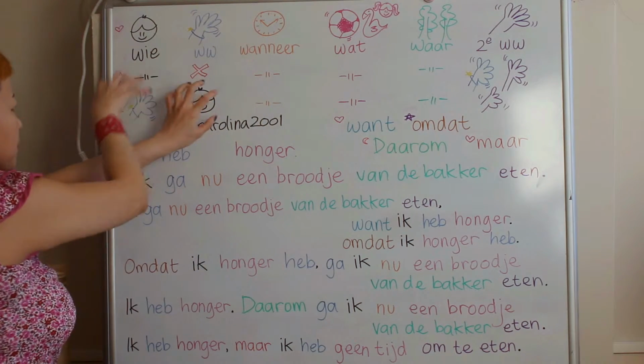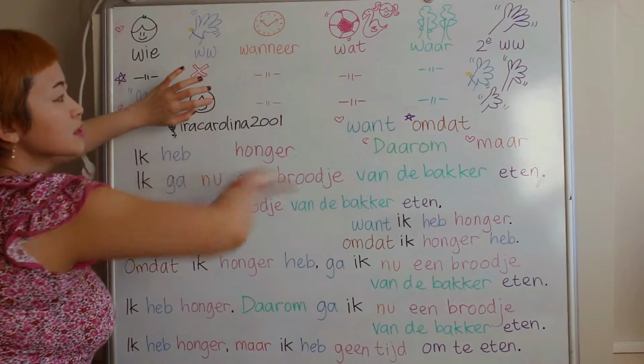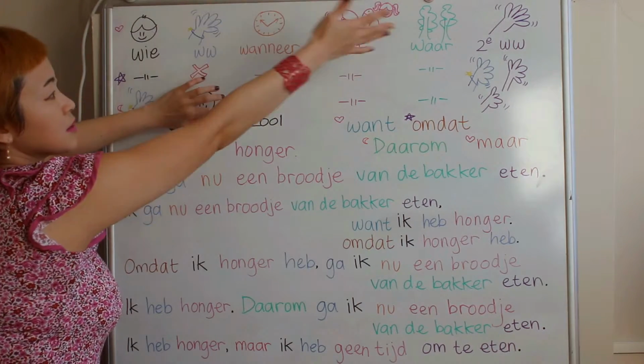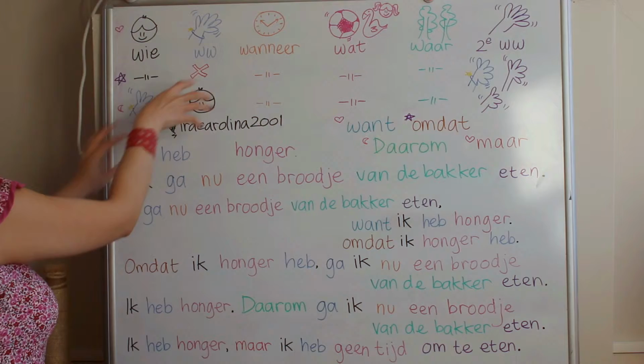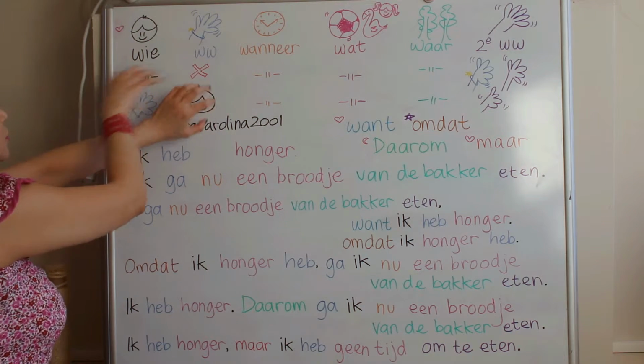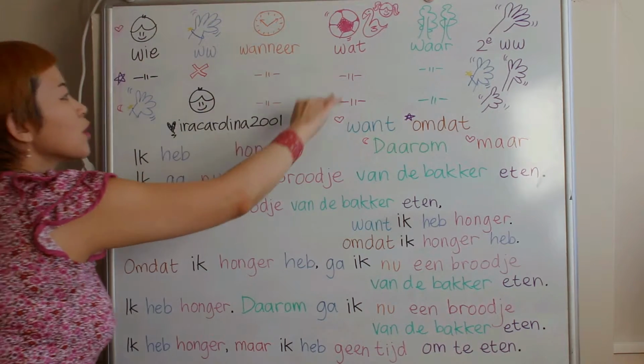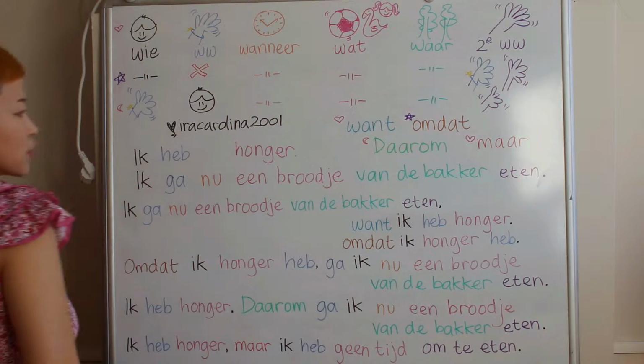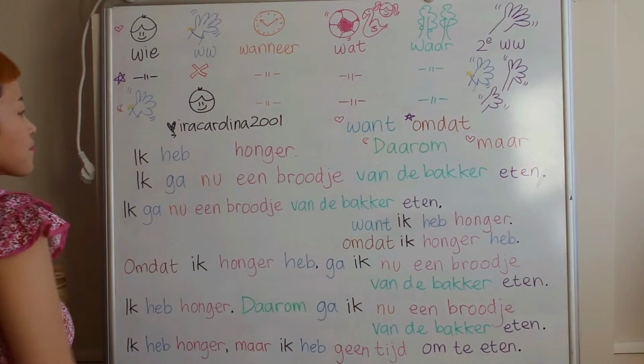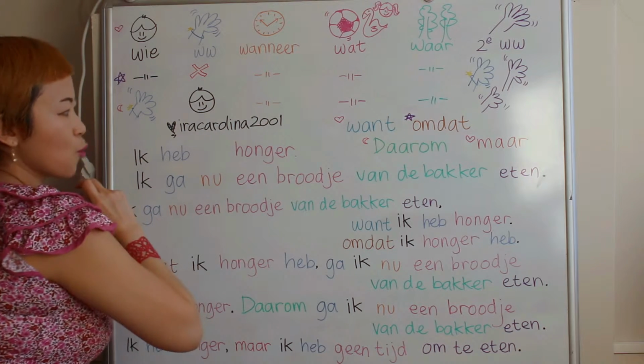Here we switch. The rest will be the same like this one. Only these two, the first two, switch. And then wanneer, what, waar, tweede werkwoord, if any. Yeah, after we put Daarom.